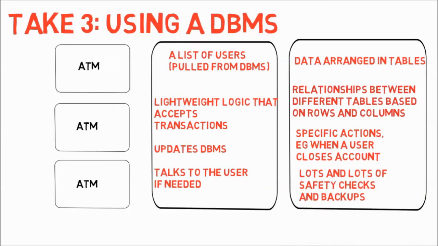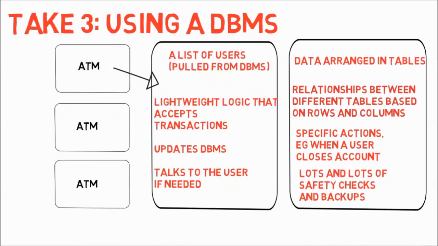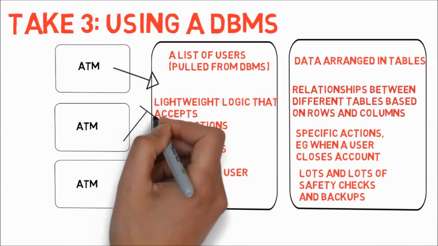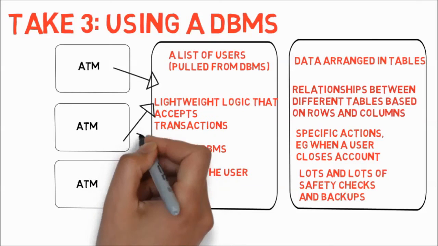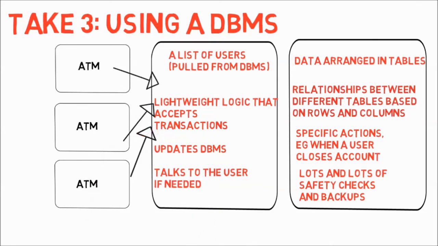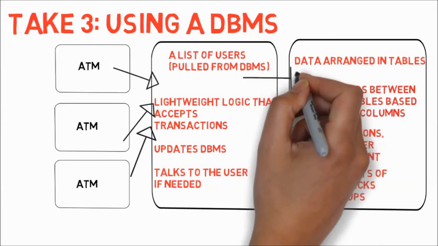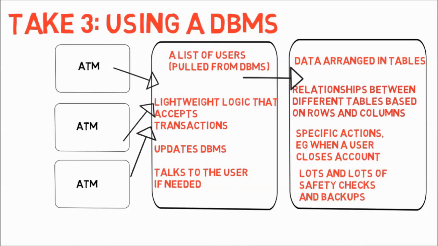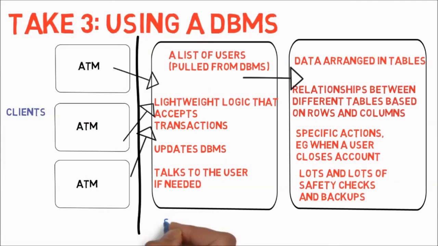And there are lots and lots of safety checks and backups so that none of these operations would affect the correctness of the data, the balance in the account of the user. All of these ATMs can simultaneously talk to the server, and the server can simultaneously send those requests to the database as well, and the data would still be consistent or correct because of the way the database is designed.